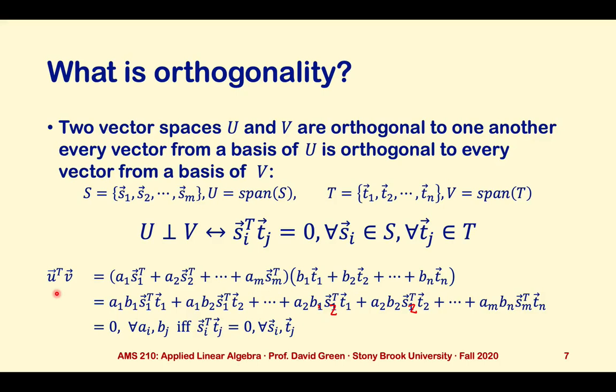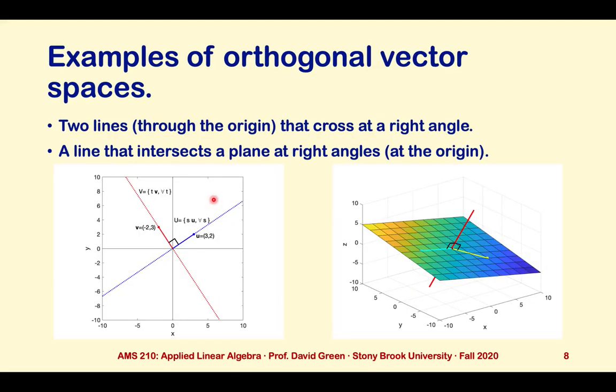If the basis vectors are not all 0 when we take their dot product, then the vector spaces are not orthogonal. That was a mathematical definition, a definition using ideas of the dot product.